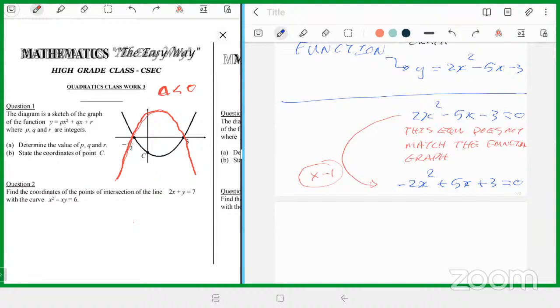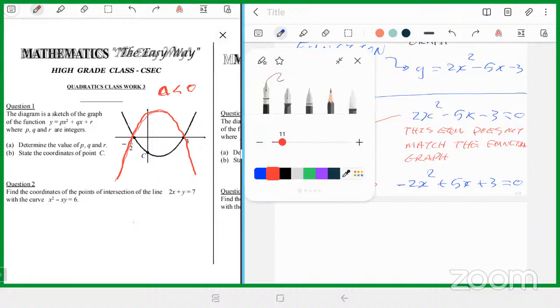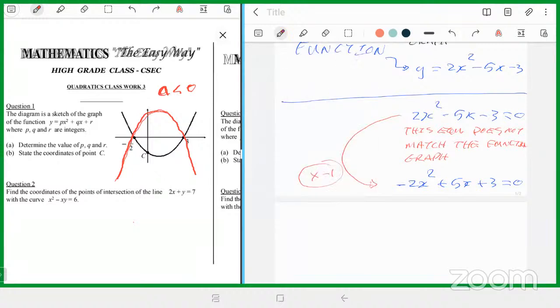So the red function that I drew there would be y equals -2x squared plus 5x plus 3. That would be the red one, if it was the red one that we had.